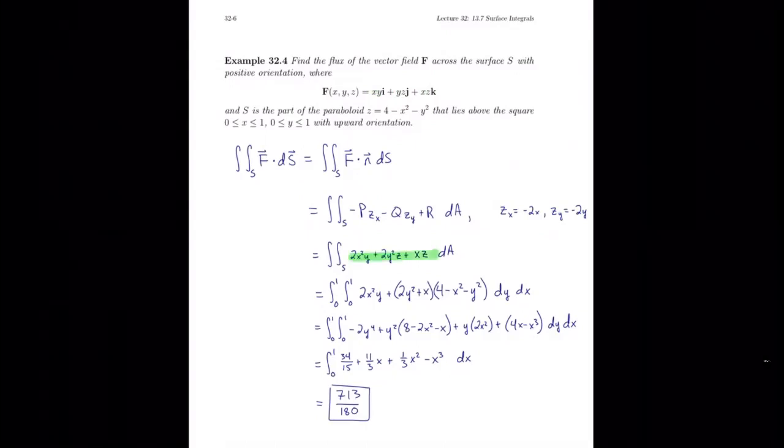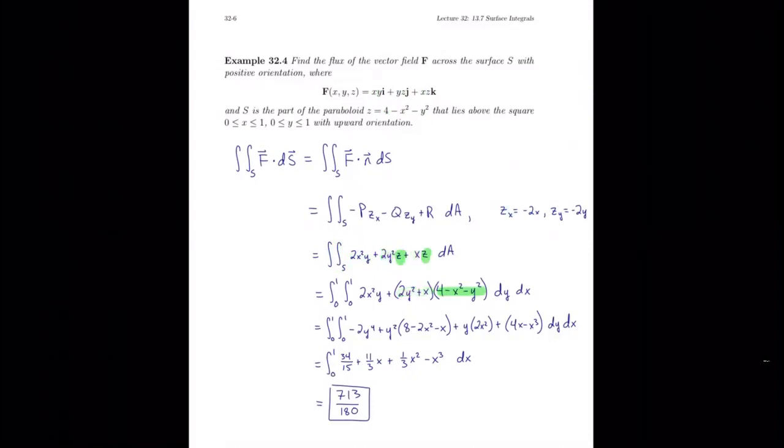We pause here and say, wait, we've got a double integral with three variables. Don't forget that z is given as a function of x and y. So we substitute for z that function of x, y. And we see here there's our function g of x, y. There's 2y squared plus x times that function, times that z. So we essentially factored z away from 2y squared plus x.